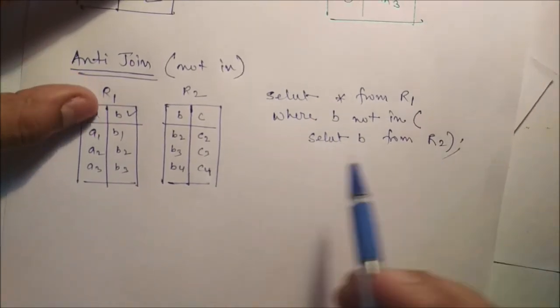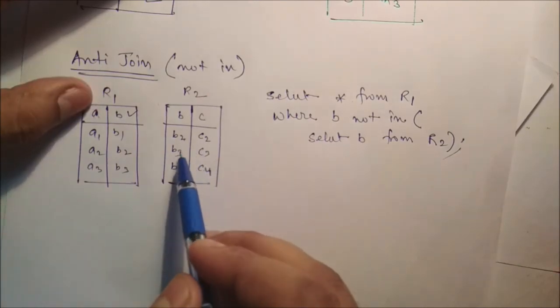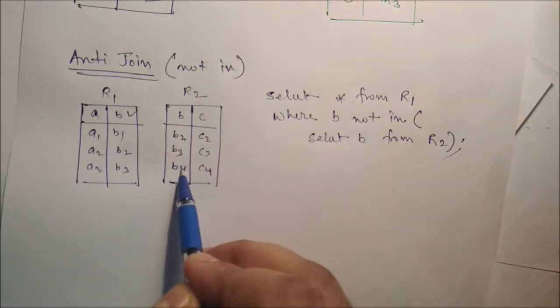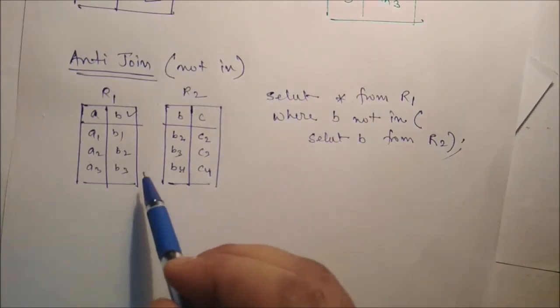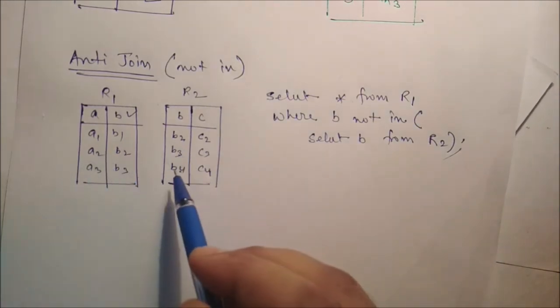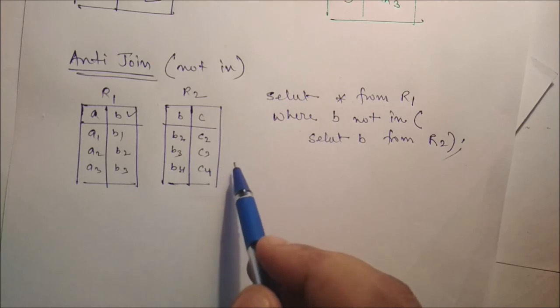Select B from R2 will return B2, B3, B4. And B not in; so B4 is not there.